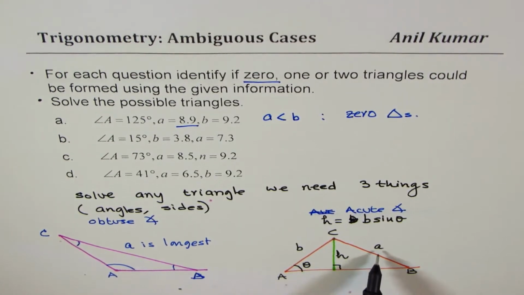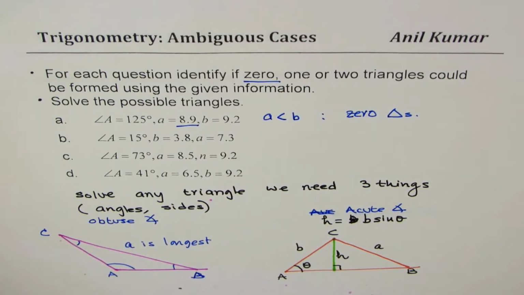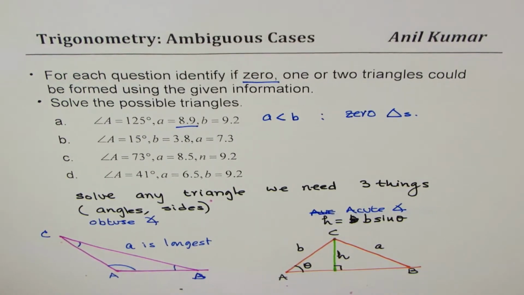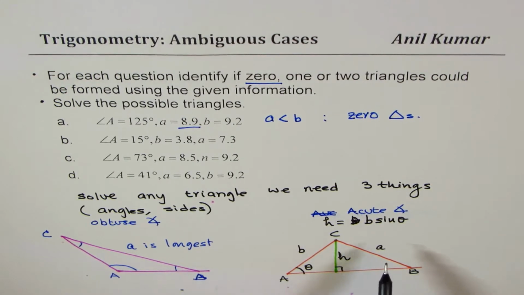Now, it depends on the value of A. If it is greater than H or less than H, or is equal to, right? Then we can form different kinds of triangles. Now here there are many cases. So we actually have three cases in this particular case.